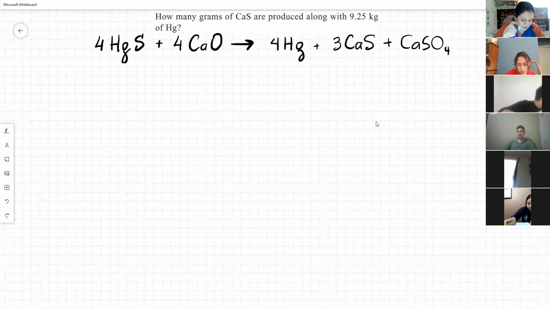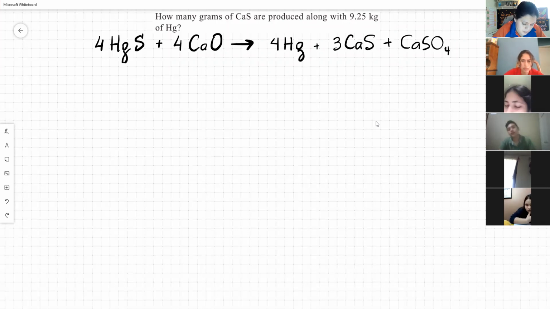So what is the unknown in this question? The grams of calcium sulfide. And the given is mercury, 9.25 kilograms of mercury.